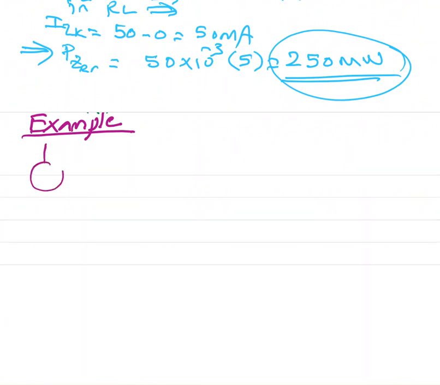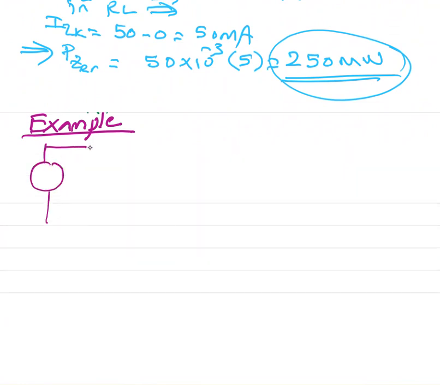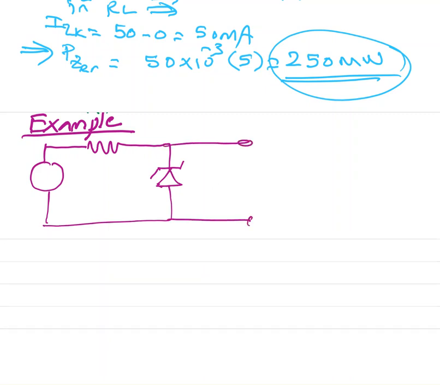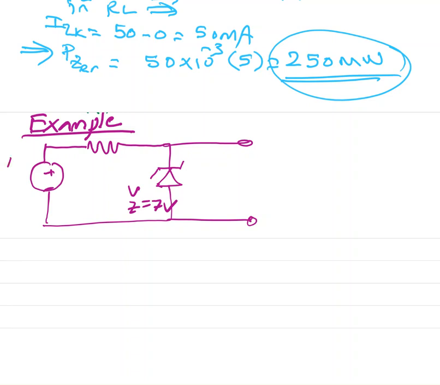The circuit shows that I have a voltage source that is varying, I have a Zener diode, and there is no load at all. The Zener diode has VZ equal to 7 volts, and this voltage is varying between 10 to 16 volts, and the resistance is 200 ohms.